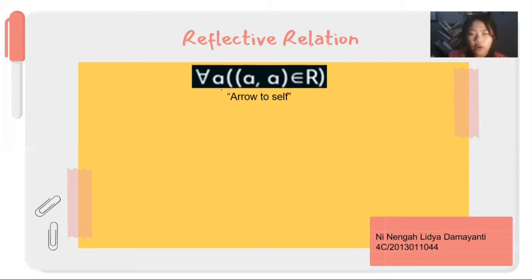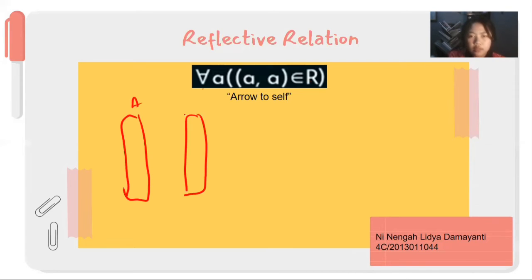For all a, (a, a) belongs to R. This must belong to R. Now we make an example. We have two sets, set A and set B, with the members of set A being a, b, c, d, and the members of set B being a, b, c, d.